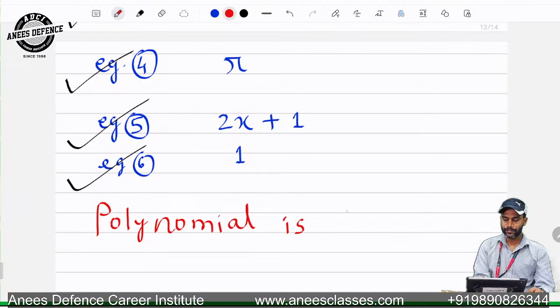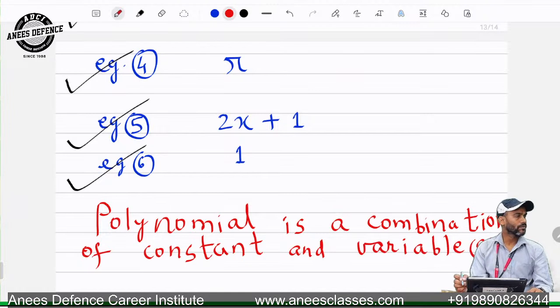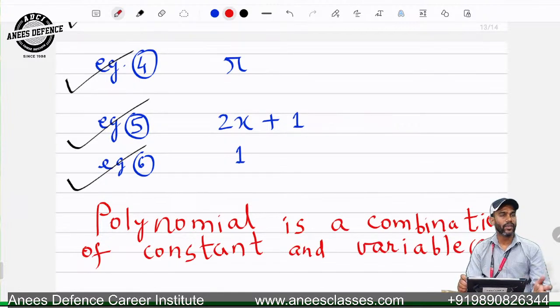Polynomial is a combination of constant and variable or variables. Yes or no? If you talk about single variable, then one variable will be there. If more than one variable, then we can take more than one variable.